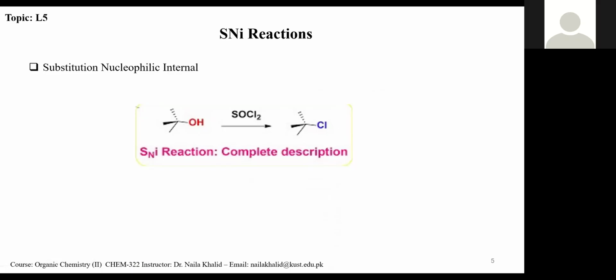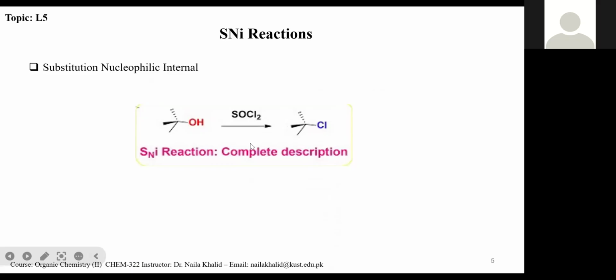Now, what is the unique feature of this SNi? That is the use of this reagent, which is called thionyl chloride. When thionyl chloride attacks here, it will be attached, and then one of its chlorides will act as an internal nucleophile, and you will get a nucleophilic substituted product in this way.